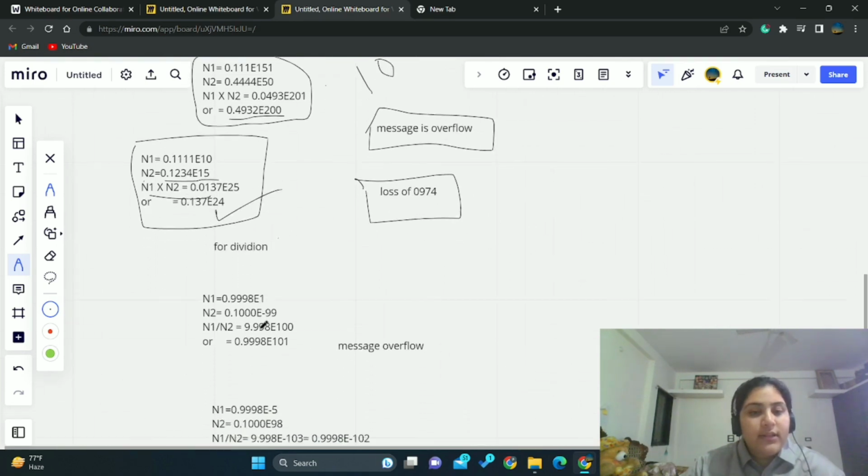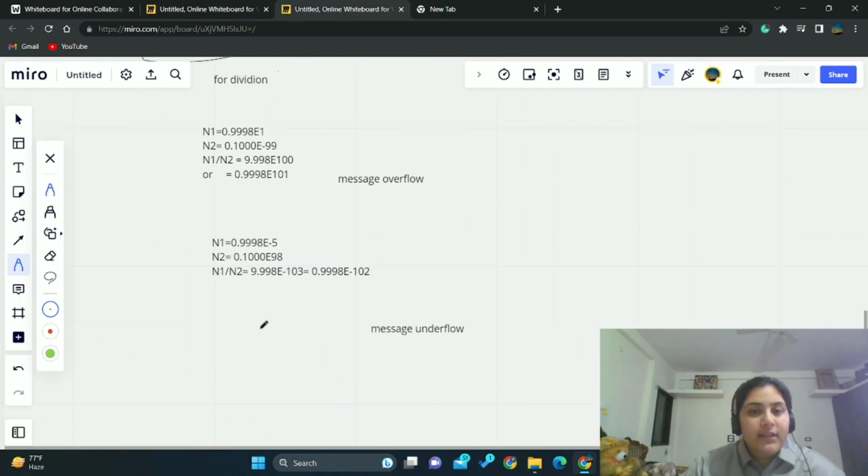Now coming to the division, we have been given the division methods also. n1 divided by n2 will result in this, and e to the power 100 is a huge value, therefore the message will be overflow.